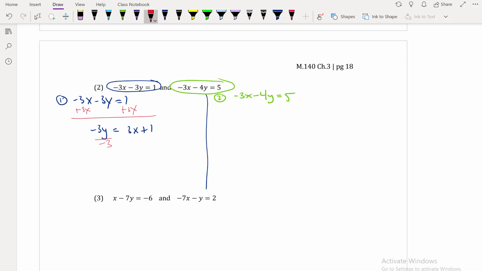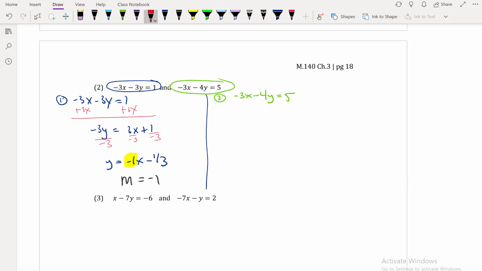Divide by -3. So that here y is equal to -1x minus 1/3. So I'm looking only at the slope, and this slope is -1. Now I'm going to find the slope for my second equation, or here it happens to be green.